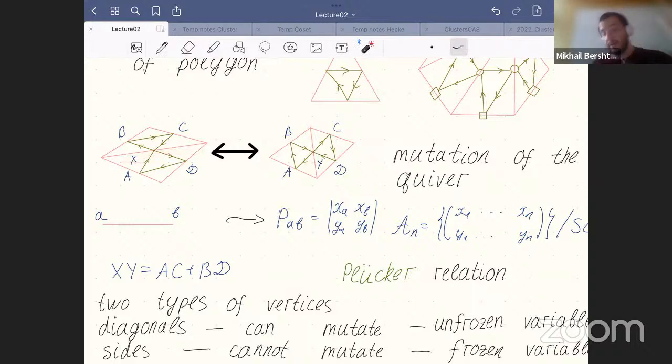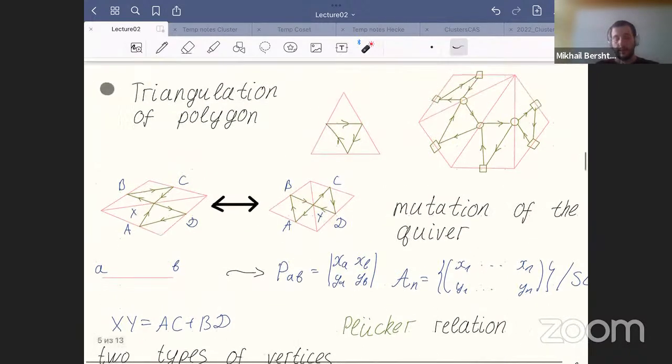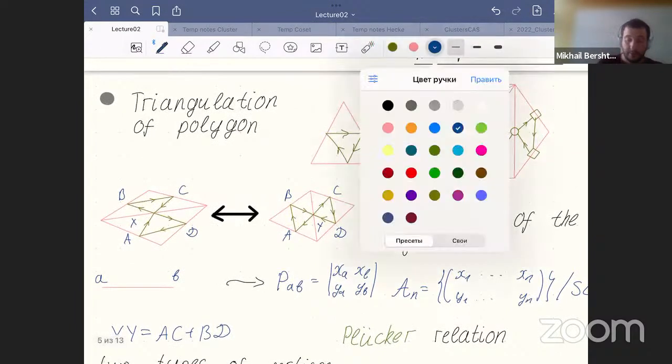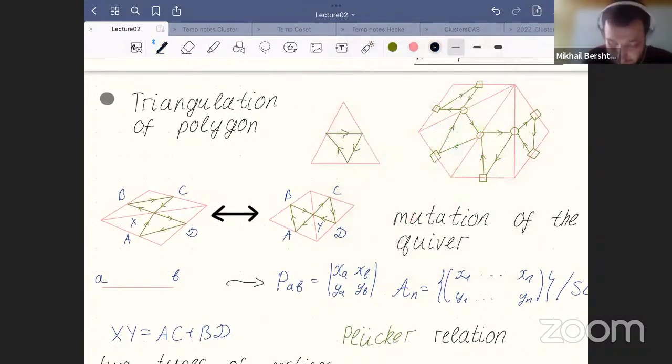And this is exactly the mutation which we defined. So to each triangulation we assigned a seed, and it appears that the change of coordinates corresponding to flips, which we discussed last time, is just a mutation under our current definition.